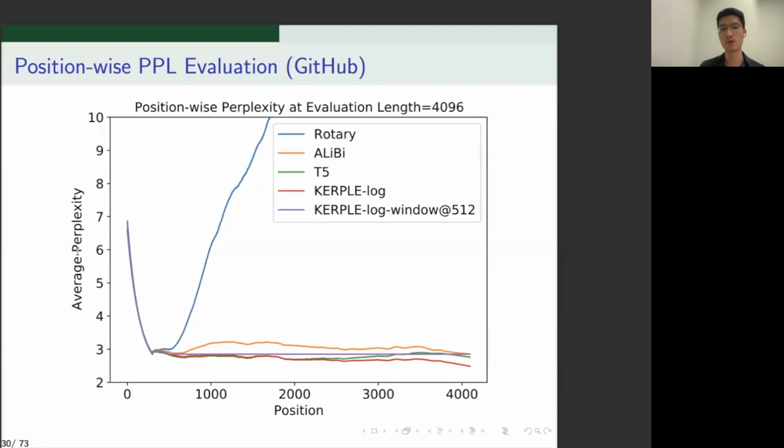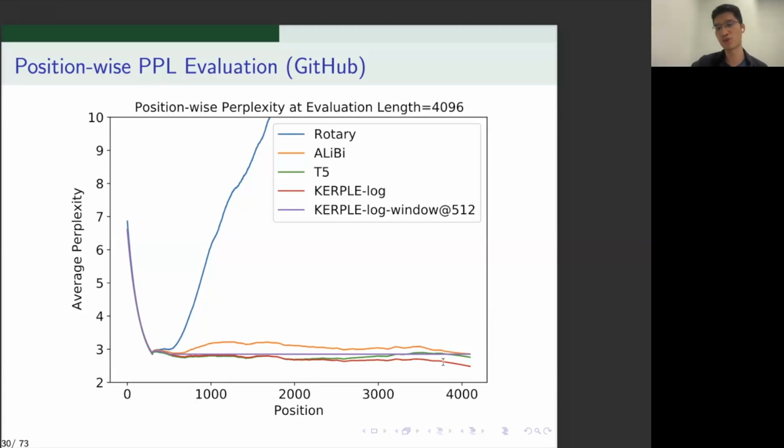And we also want to know if the model actually uses more token information when the sequence length increases. So we did a position-wise perplexity evaluation. We grabbed a sequence of length around 4,000, and then we computed the perplexity at each different position. As we can see, the red curve is the proposed log kernel.